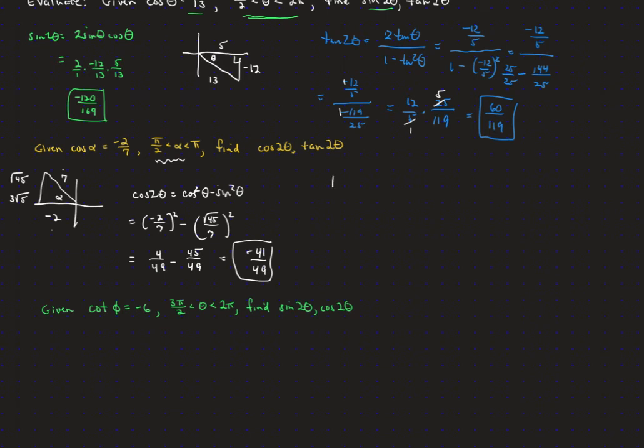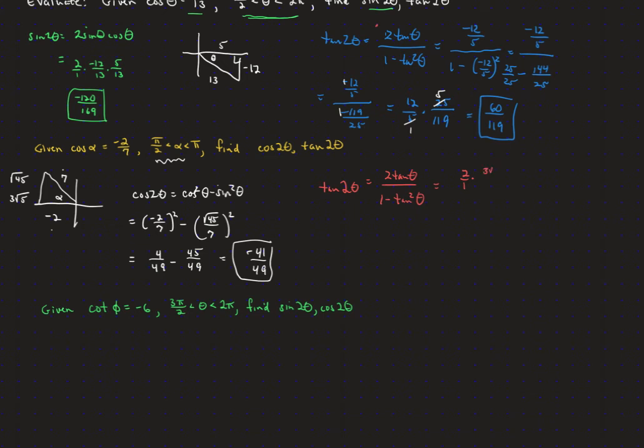Tangent 2 theta, let me change colors for this one. Let's go with, maybe we'll go red. So tangent 2 theta, I think we said up here, was 2 tangent theta over 1 minus tangent squared theta. So that's going to be 2 times tangent theta, which is opposite over adjacent.